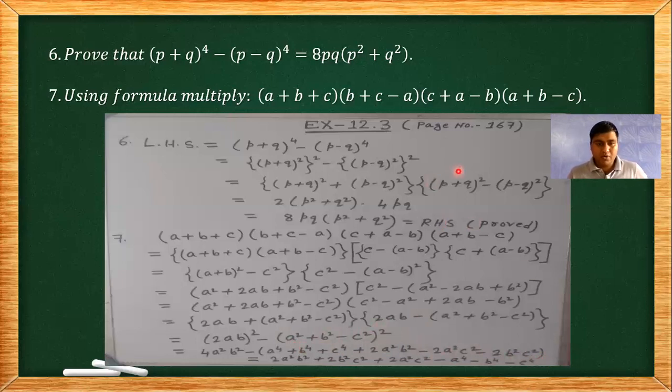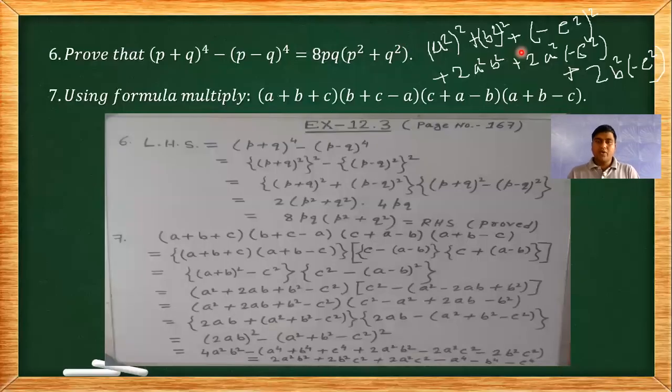Now we write the formula. So (a square) whole square plus (b square) whole square plus (minus c square) whole square plus 2a square b square plus 2a square into minus c square plus 2b square into minus c square.